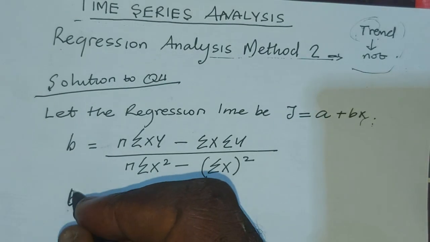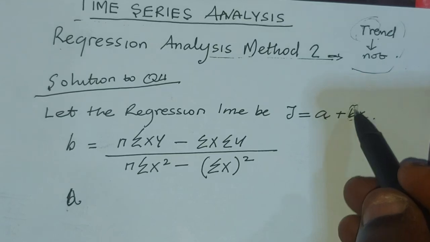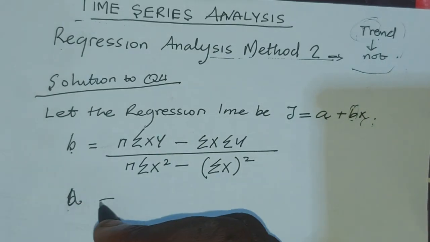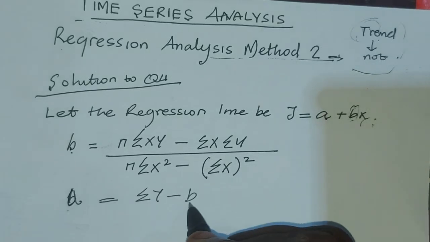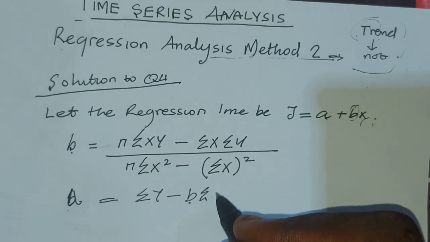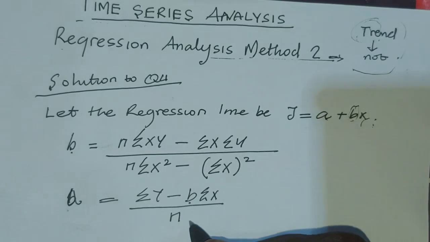And our a is known as the regression constant, which is summation y minus b, the regression coefficient, times summation x, all over n.